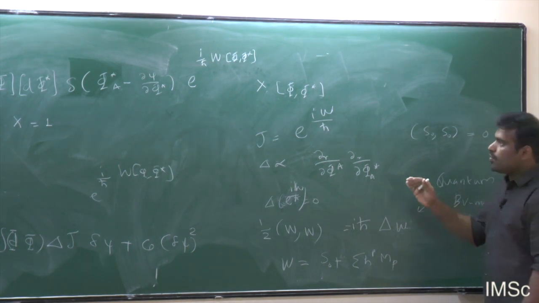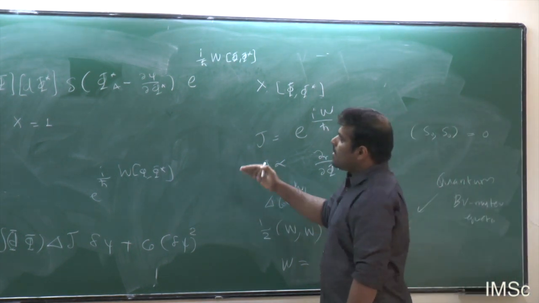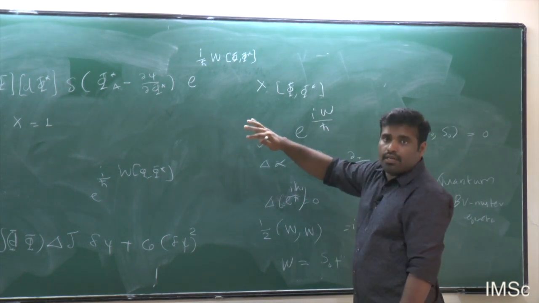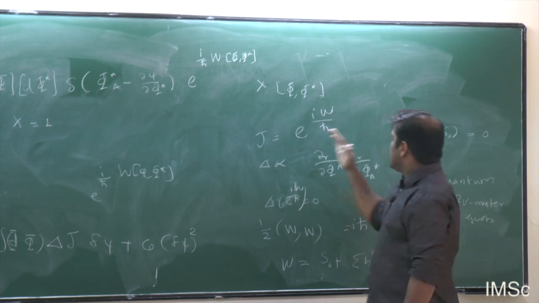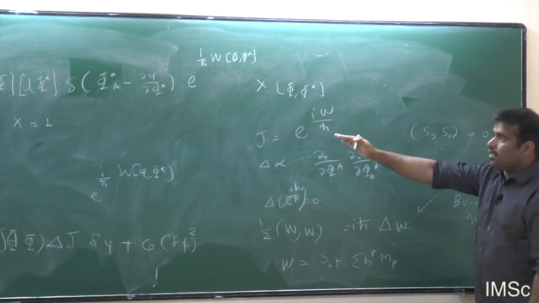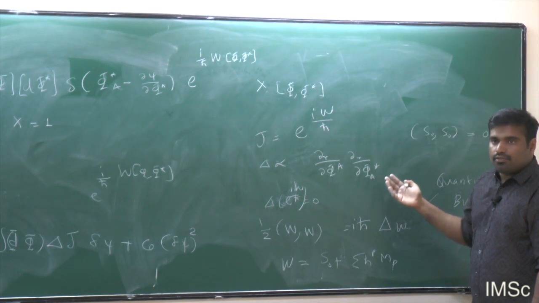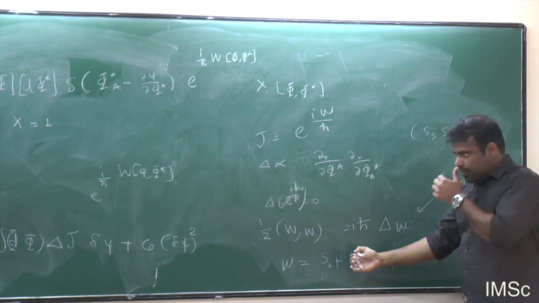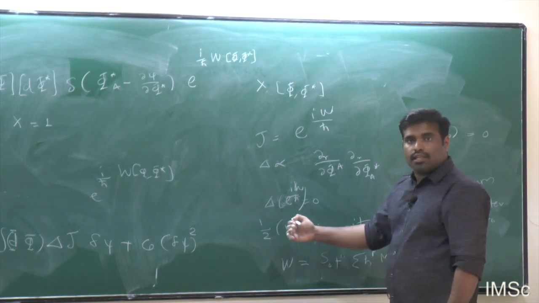That means W, when h bar equals 0, becomes the classical BV action. Now you have to add further corrections in terms of h bar to make the path integral consistent. So it's more like adding counterterms to the action. These are the quantum corrections to the action that you have.